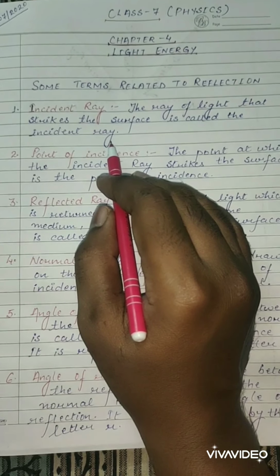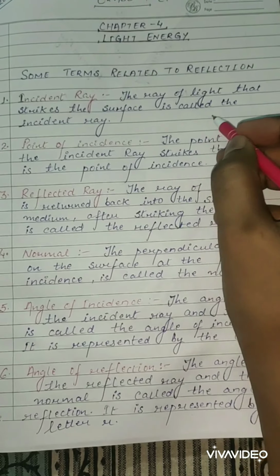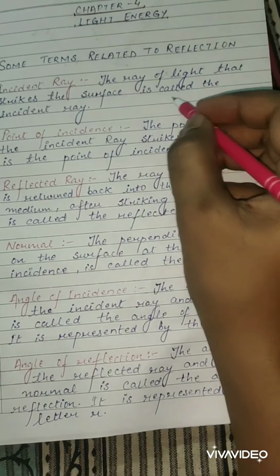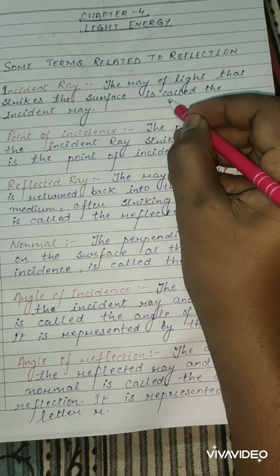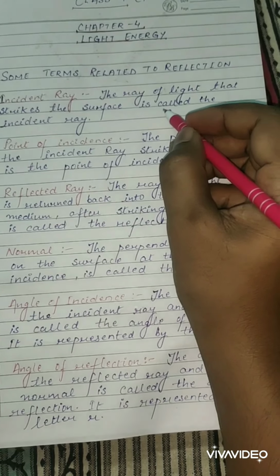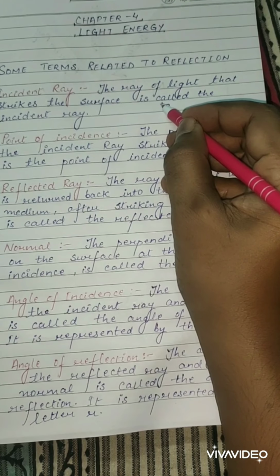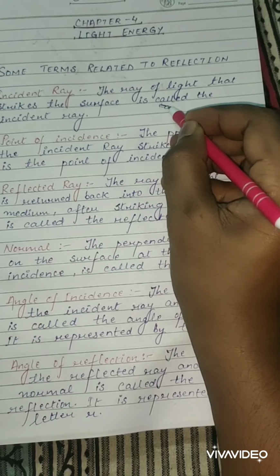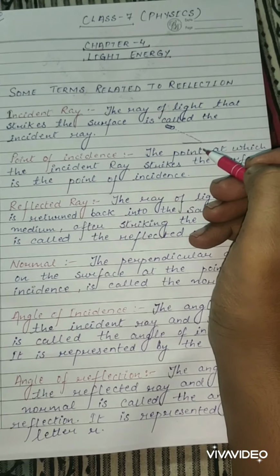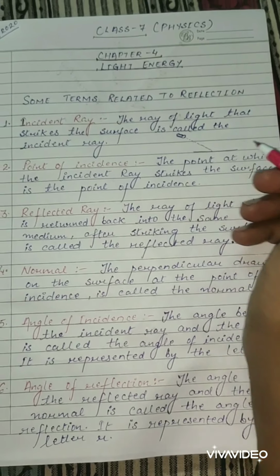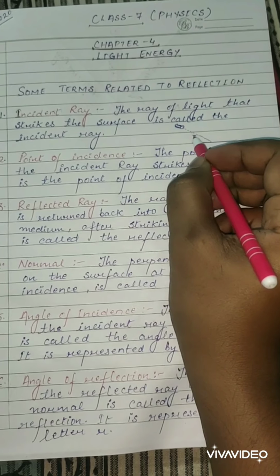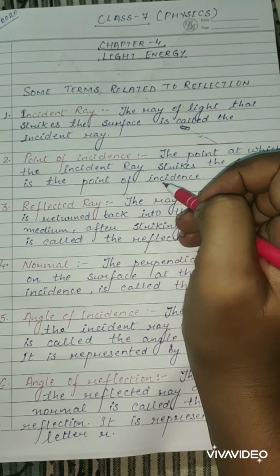Clear? Suppose there is any kind of surface, and here is the white light source. Suppose this is the torch, and the light is coming and striking the surface. So this ray of light is called the incident ray.